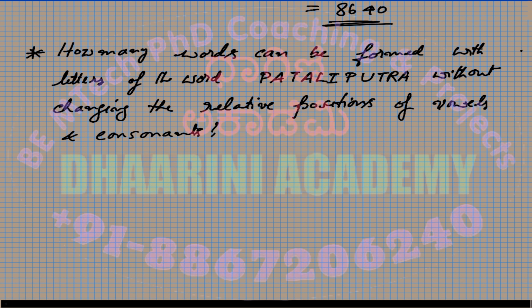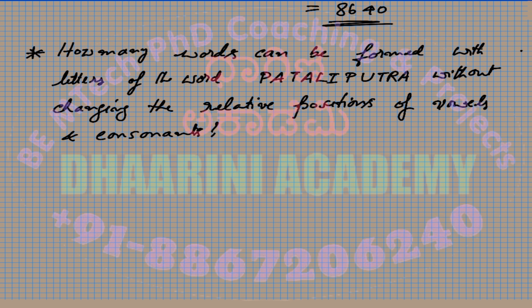So in the original word Pataliputra, wherever you have a vowel, you have to have a vowel, but you can mix up from other vowels present in the same word. Similarly, wherever you have a consonant, you have to write a consonant only. You cannot put a vowel over there. In this fashion, how many words can be arranged is the question.